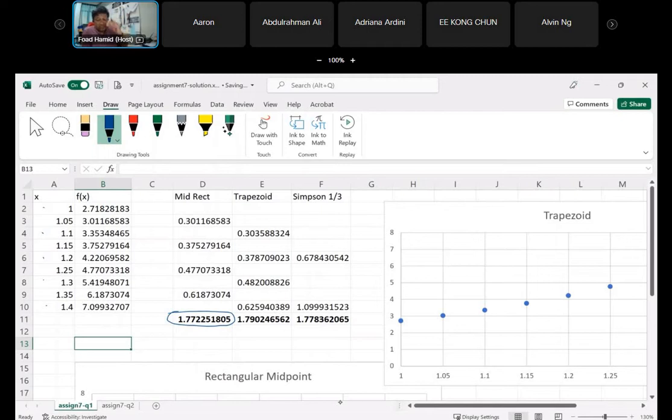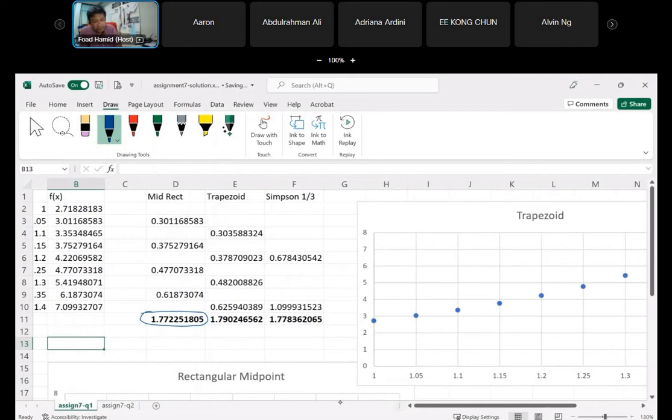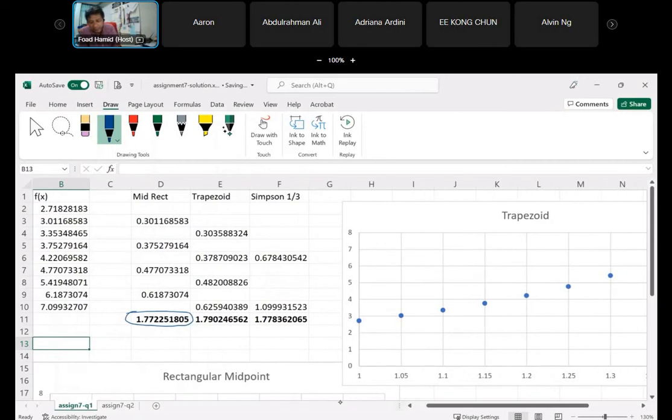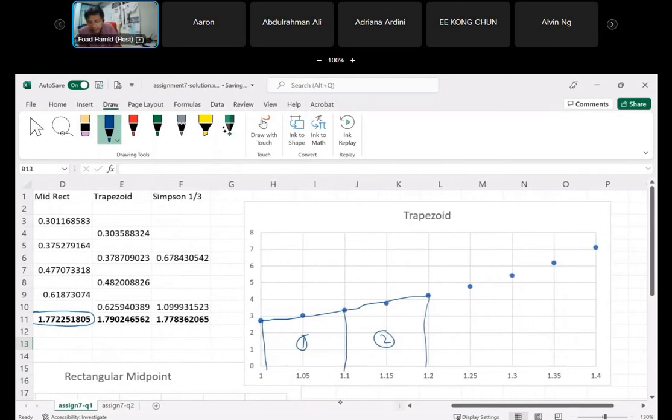And now let's look at the trapezoidal rule. The trapezoidal rule is the same, basically just this point and this point, that's one interval. This point and this point, that's the second interval. This point and this point, the third interval.